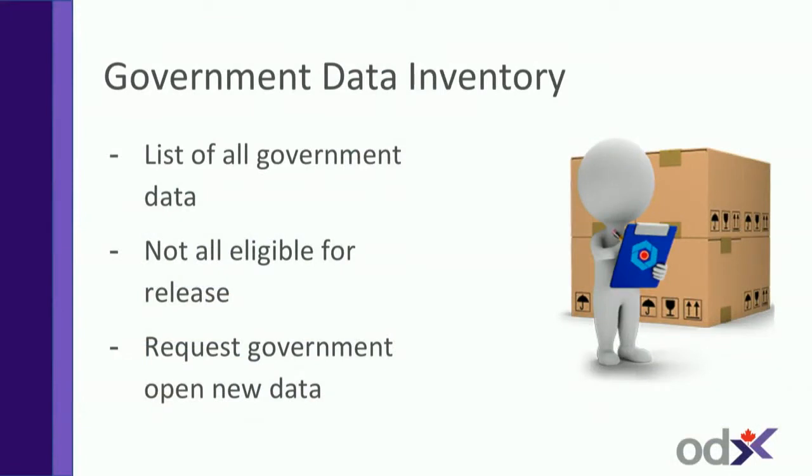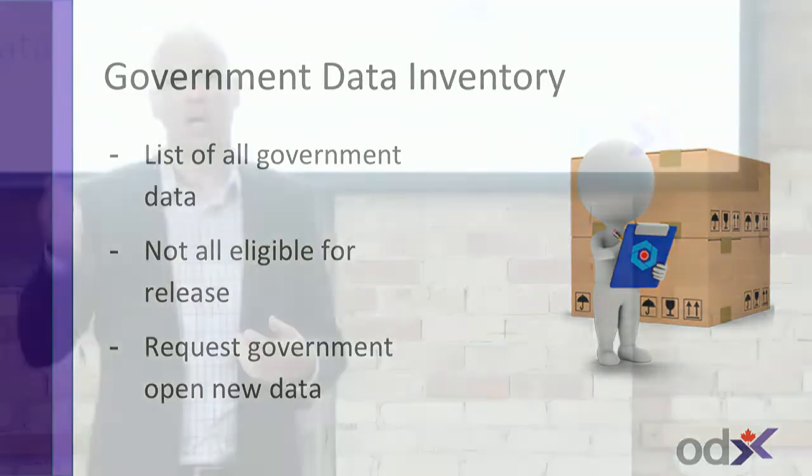It just means that it's information that they have. It can be useful, so if you've tried searching through a portal and haven't been able to find anything, this can be another resource to tap into, especially if you have a good sense that the government is probably collecting something along the lines of this piece of information. Dig through the data inventory and see if there's something that matches up with that.